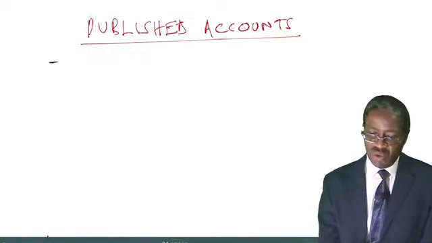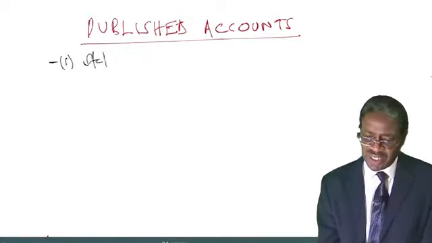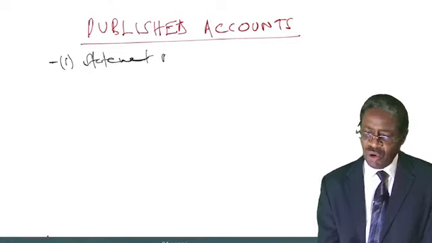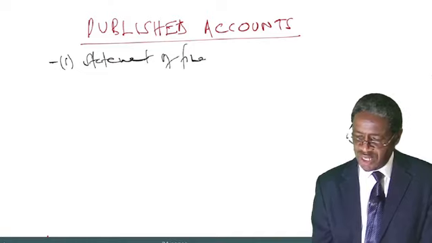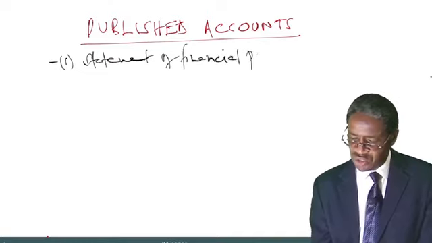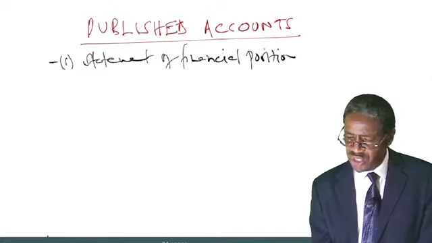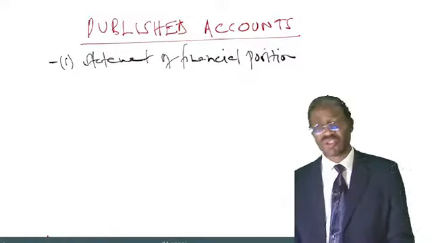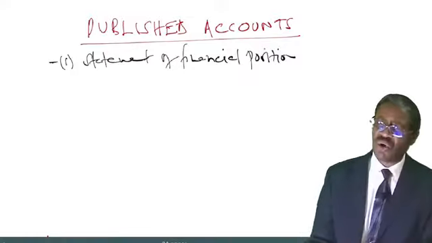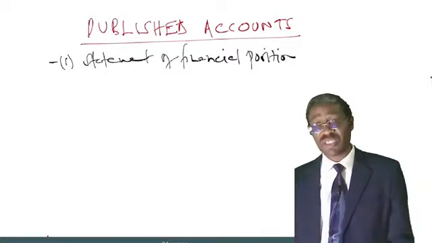One, you are required to include a statement of financial position. As a company, in your complete set of financial statements, you are required to include what we call a statement of financial position. This is also what you could call balance sheet.